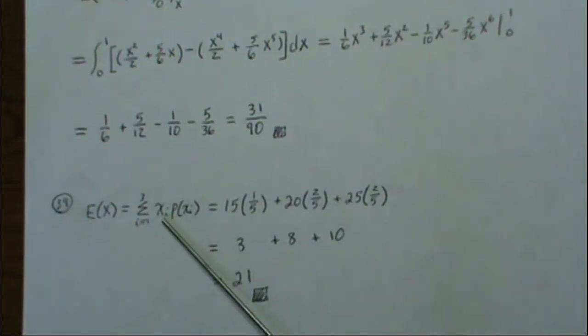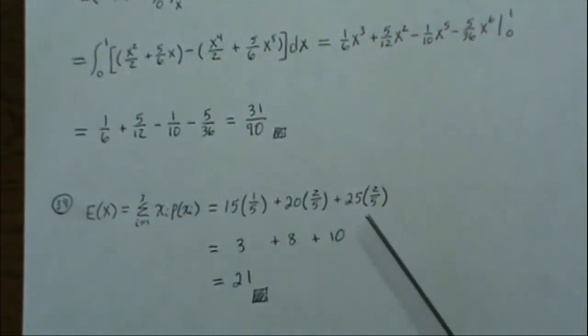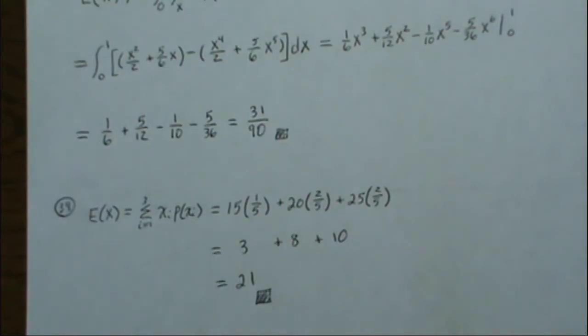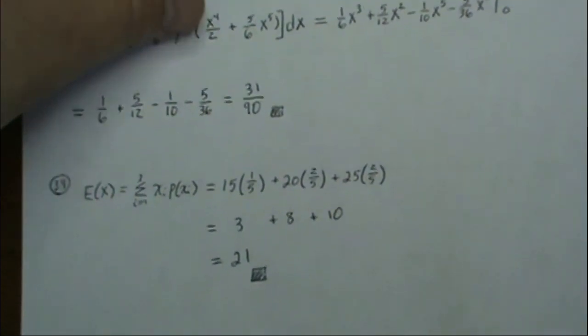And the x values take on 15, 20, and 25. And the probability of each vehicle, this was 2,000 over 10,000, which reduces to that. And the same way for these. Simplify, average miles per gallon is 21.